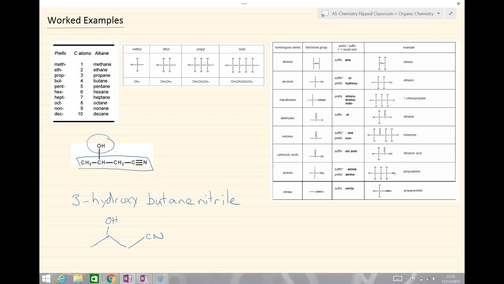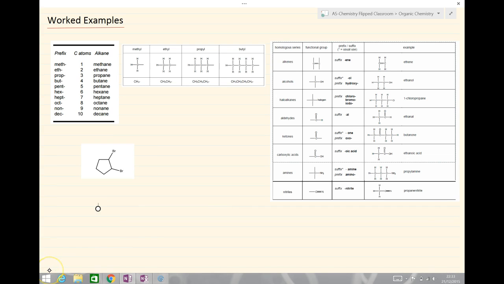We've then been through worked examples of all of the homologous series that we might come across in AS, except one example. We'll have a look here, which is a cyclo group. Here, the final example then, I forgot about the cyclo groups, is if we have a ring. This time we've got the skeletal formula. We have 1, 2, 3, 4, 5 carbons in our ring, so it's pent, only single bond, so it's ane.